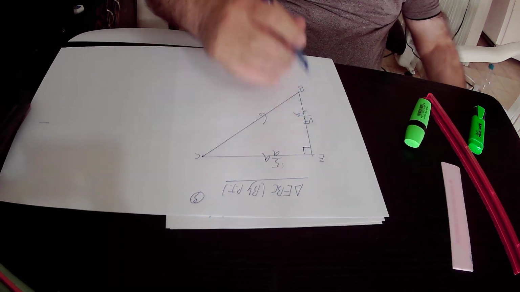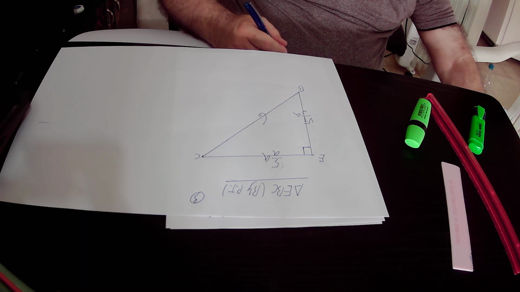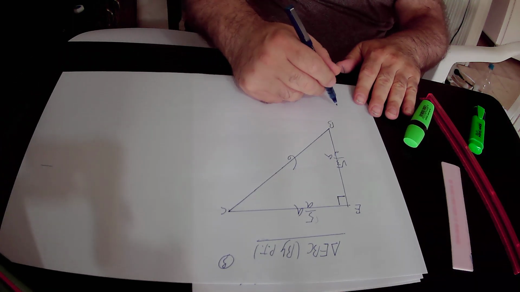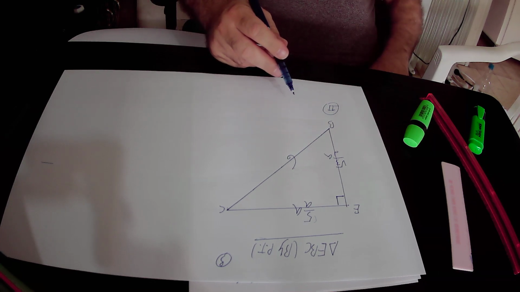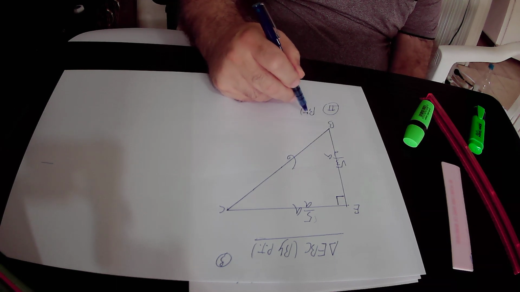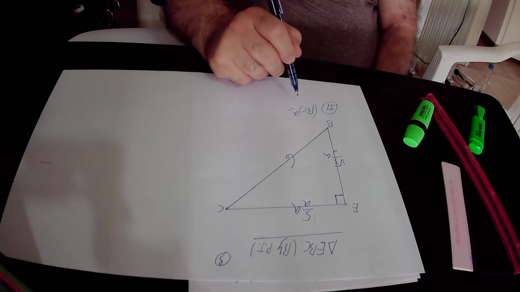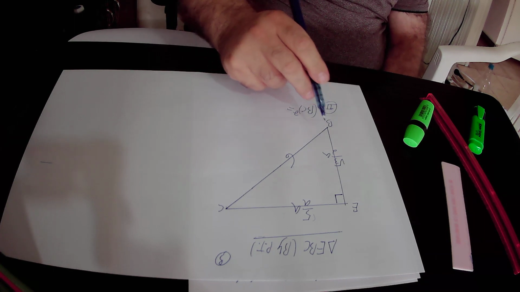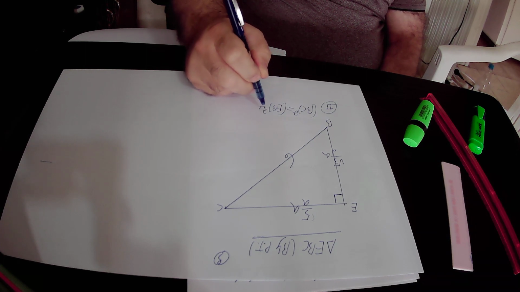According to the Pythagoras theorem, the square of the hypotenuse equals the sum of the squares of the perpendiculars. The hypotenuse is BC, therefore the square of the hypotenuse is BC squared. And it must be equal to the sum of the squares of the perpendiculars, that is to say EB squared plus EC squared.